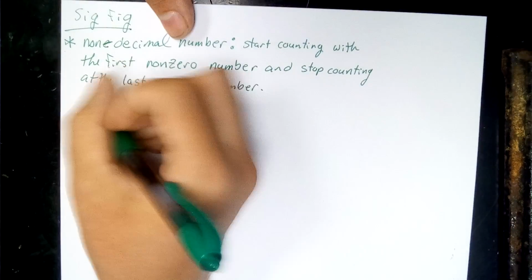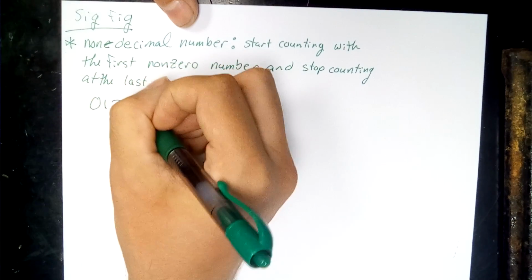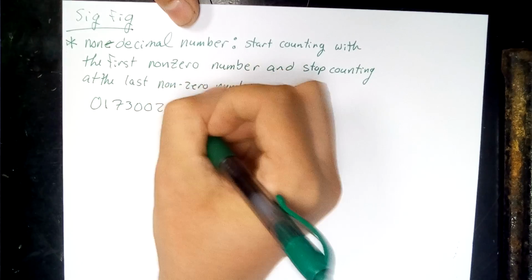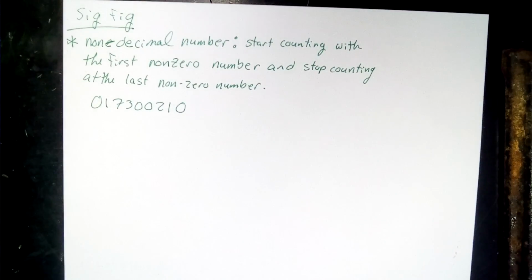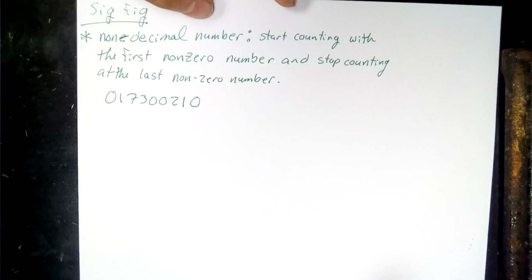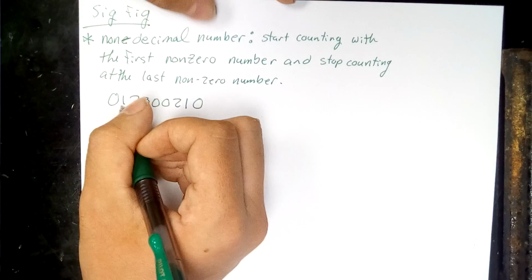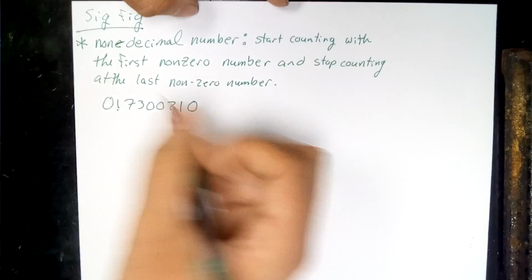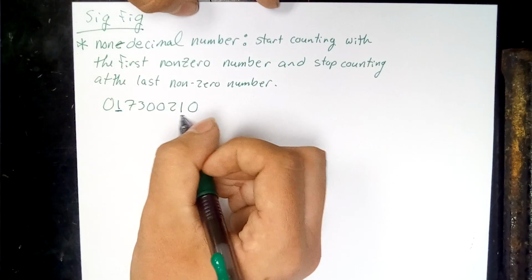So for example, if I have, I know it's a little weird with the zero out in front, but this is just for example purposes. So if we have this number here, we're going to start counting with the first non-zero number. So that would be the 1, and we're going to stop counting at the last one.